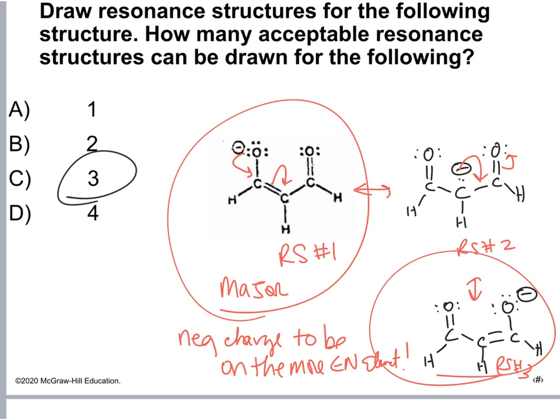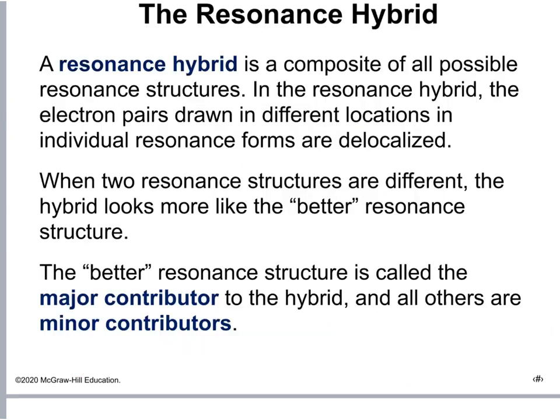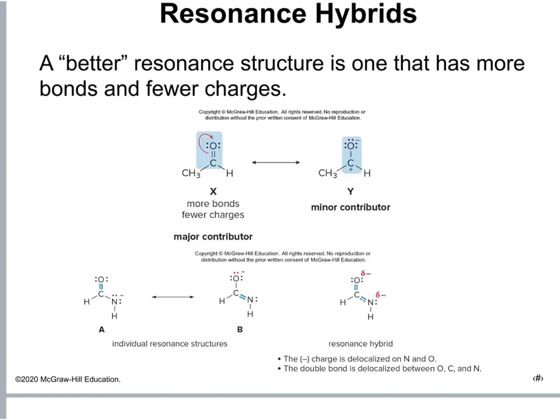And so electronegativity increases up a group and over. Oxygen is more electronegative than carbon. So it's going to want the negative charge. And that's what we're talking about, major contributors versus minor contributors.